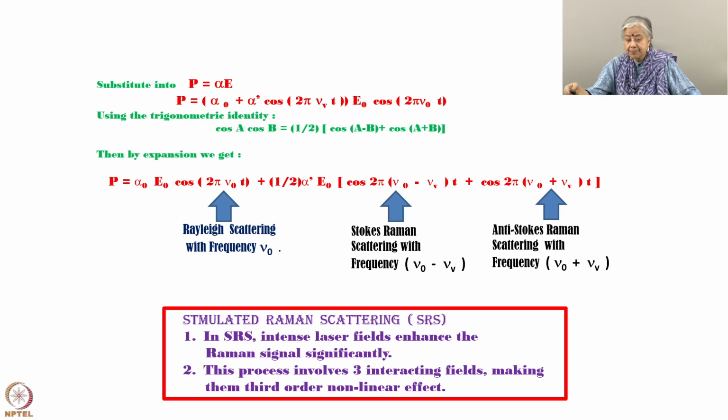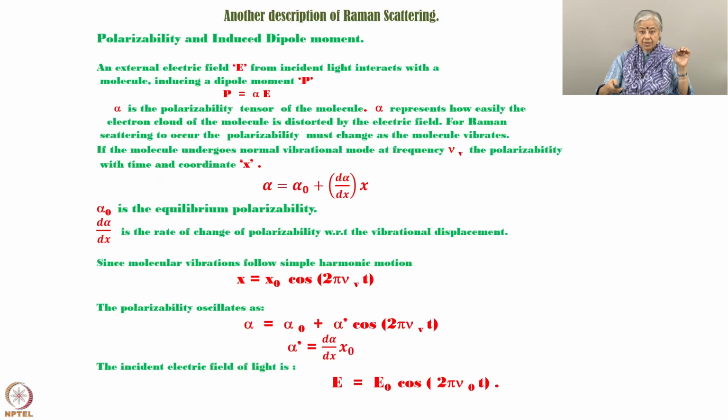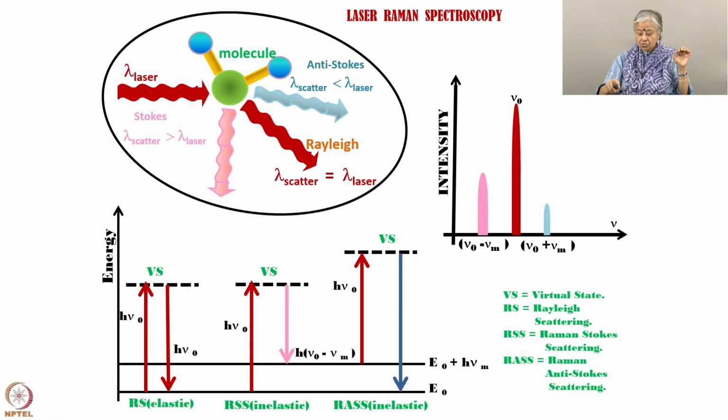Now see, before lasers were invented, between Stokes and anti-Stokes, I think I should tell you this. The anti-Stokes signal is always so tiny, the Stokes signal is always larger.